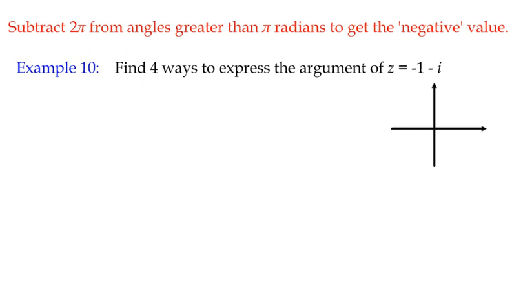When we think about our real and imaginary axes, if we were to think about an angle, say in the 3rd quadrant, we might think of the argument as being this positive angle, which would be between 180 and 270 degrees.